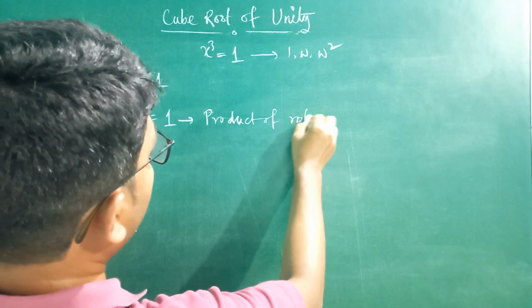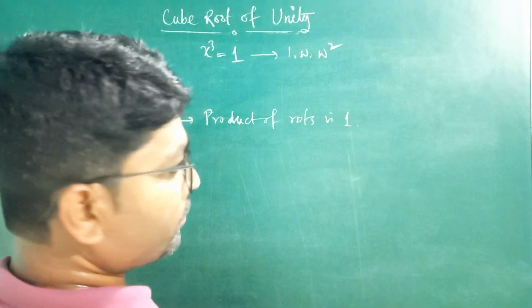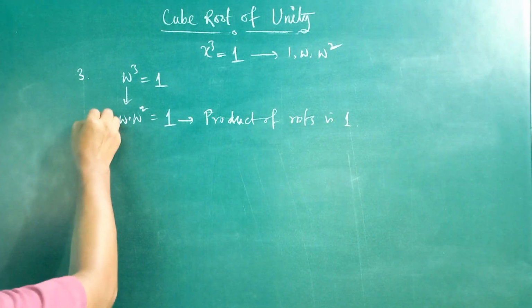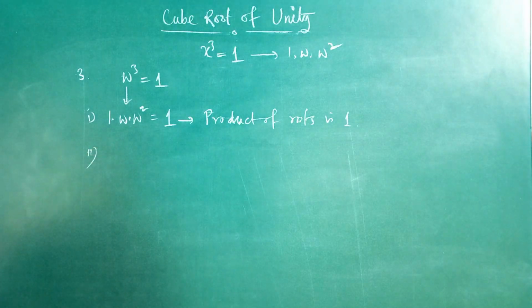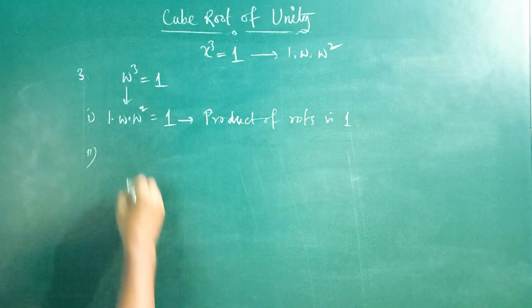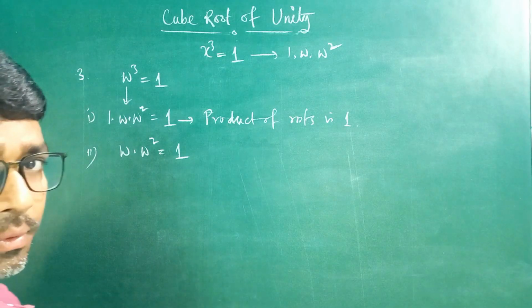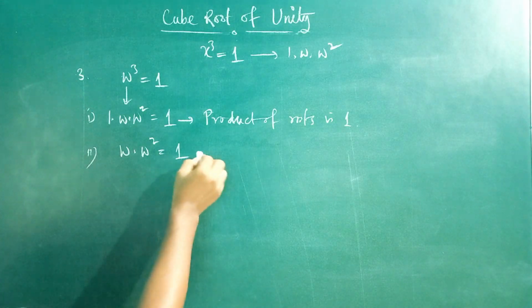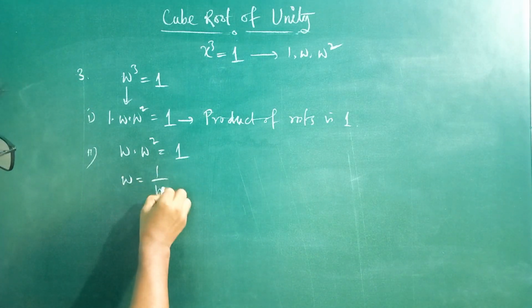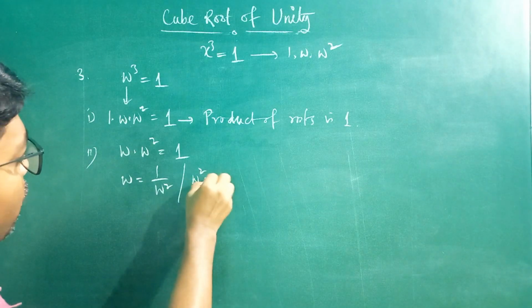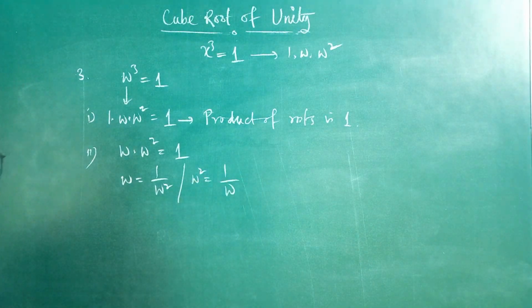Product of roots is 1. Number 1. Number 2, you can write this omega cube as omega multiplied by omega square equal to 1. So you can write omega equal to 1 by omega square, or omega square equal to 1 by omega.